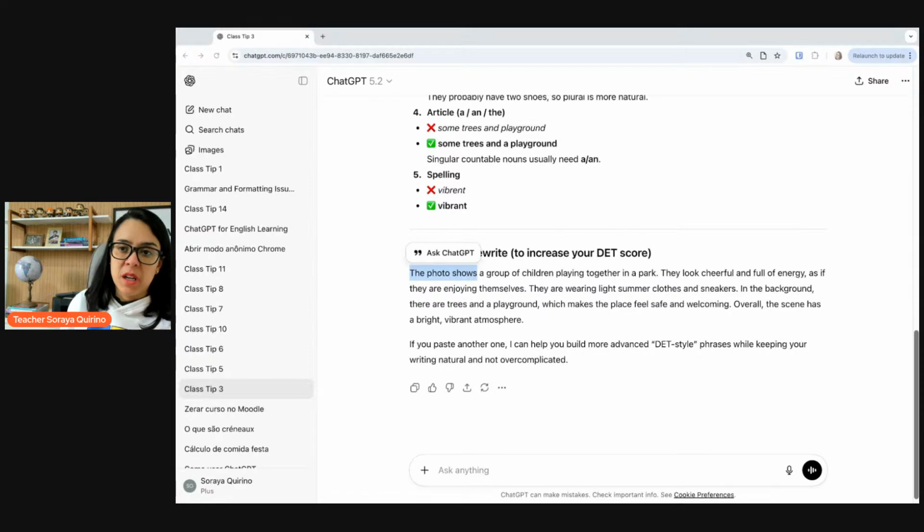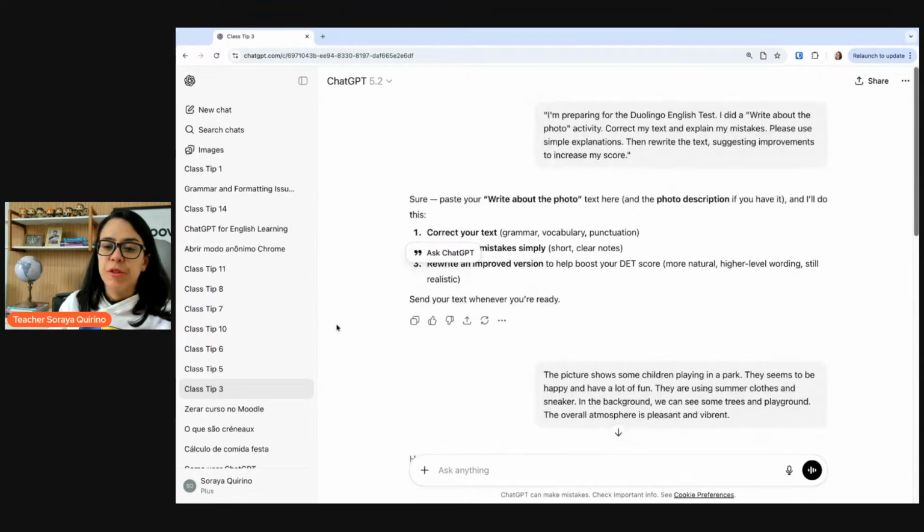The better and the higher the level of the vocabulary you use, the higher your grade will be. Okay, so you see, very interesting and also easy, guys. It is easy. But let's continue.